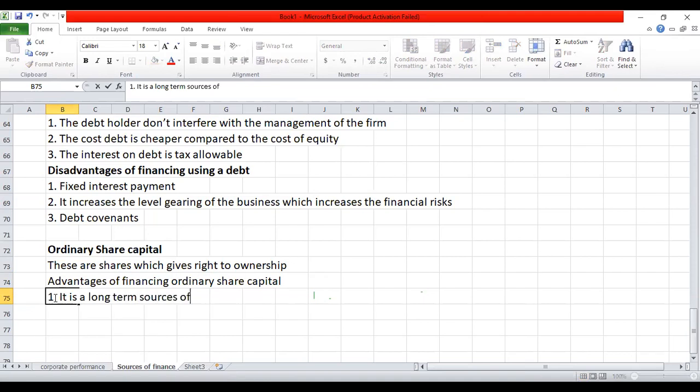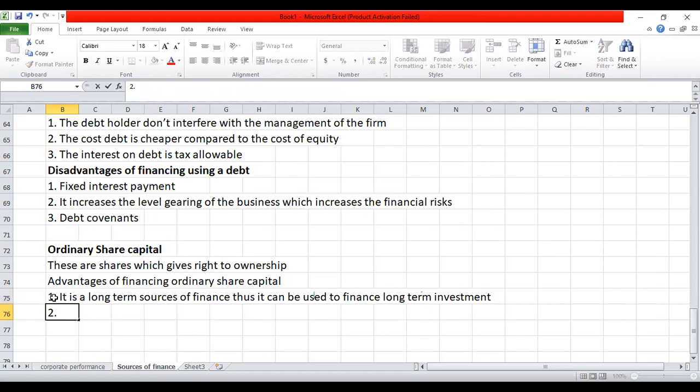Thus, it can be used to finance long-term investment. Ordinary share capital is a long-term source of finance. Therefore, it can be used to finance longer-term investment.